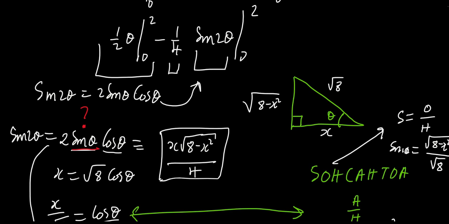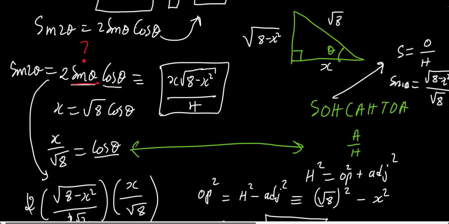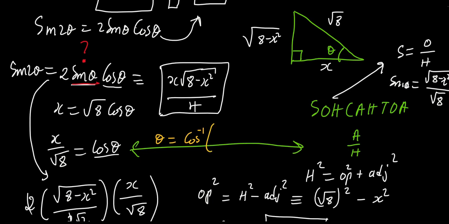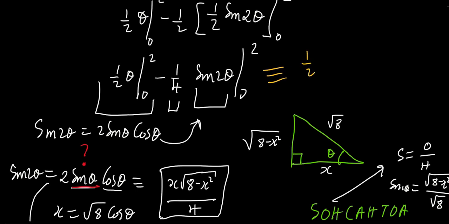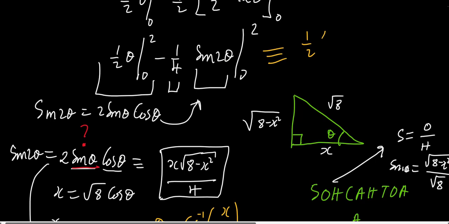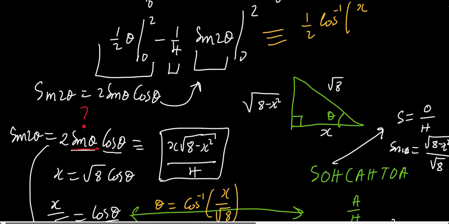Also, if we know that cos theta is x all over the square root of 8, this means theta will simply be the cosine inverse of x all over the square root of 8, right? So coming back here, this is equivalent to a half cos theta, the cosine inverse of x all over the square root of 8, right?